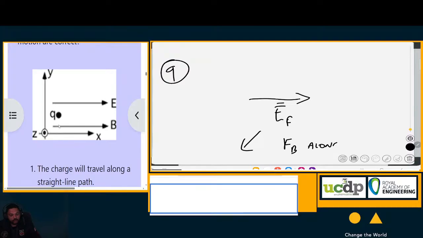Along the positive k-hat direction, that is out of the page. That force is out of the page, and we have one force along that parallel axis.